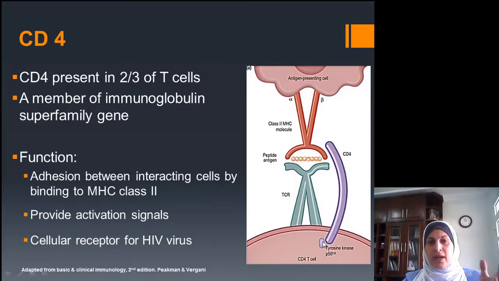And this is why there would be a drop in the CD4 T cells in the case of HIV infection, and it is used as a marker to determine the activity of the HIV. We usually do a CD4 count to see if the patient's condition is controlled or if he has developed AIDS when the CD4 count goes below 200 cells.